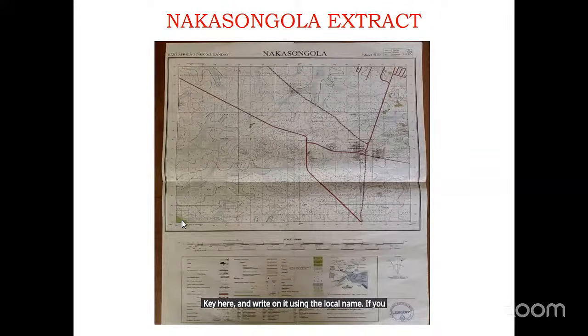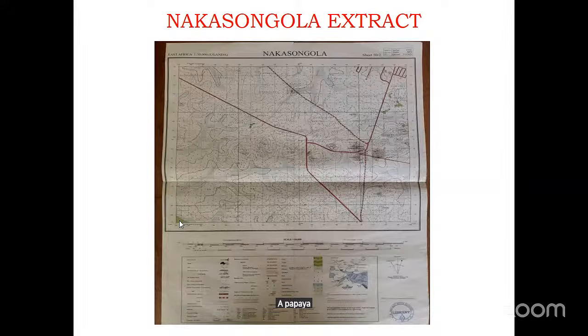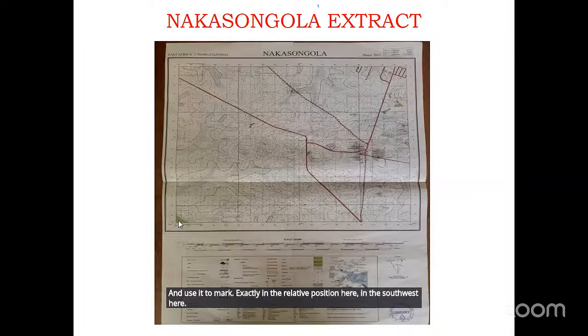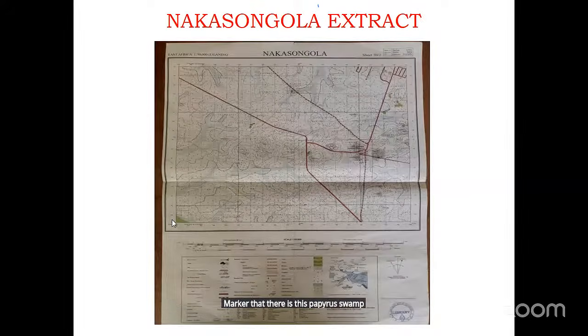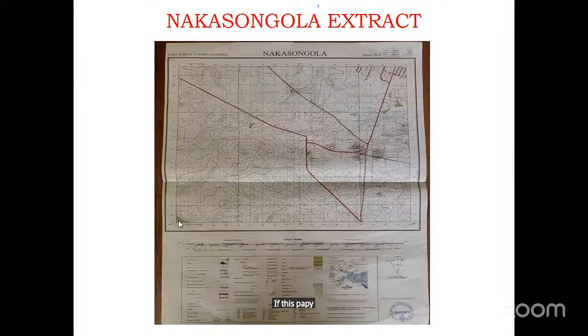If you have, for example, in the southwest here, a papyrus swamp, look at the symbol of the papyrus swamp and use it to mark exactly in the relative position here in the southwest. Mark that there is a papyrus swamp and write exactly where you have marked that this is a papyrus swamp. If this papyrus swamp has a local name, write that local name.